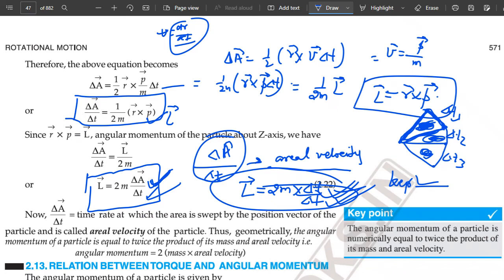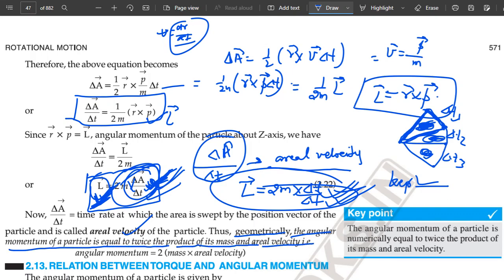That is, how much area that particle is making in unit time. So we call it aerial velocity. This means that the angular momentum you calculate is the product of mass and aerial velocity. Sorry, angular momentum gives us some idea about the aerial velocity of the particle. Once again, the angular momentum of a particle gives the idea of aerial velocity. Geometrically, the angular momentum of a particle is equal to twice the product of its mass and aerial velocity.